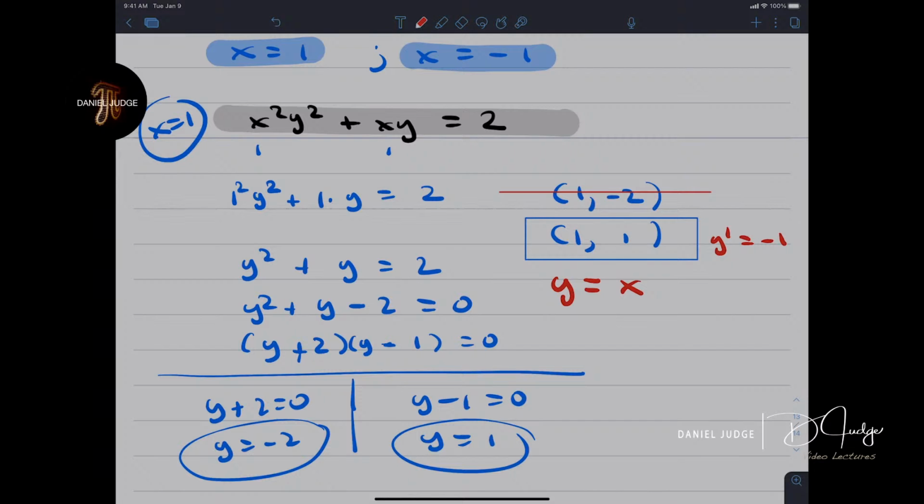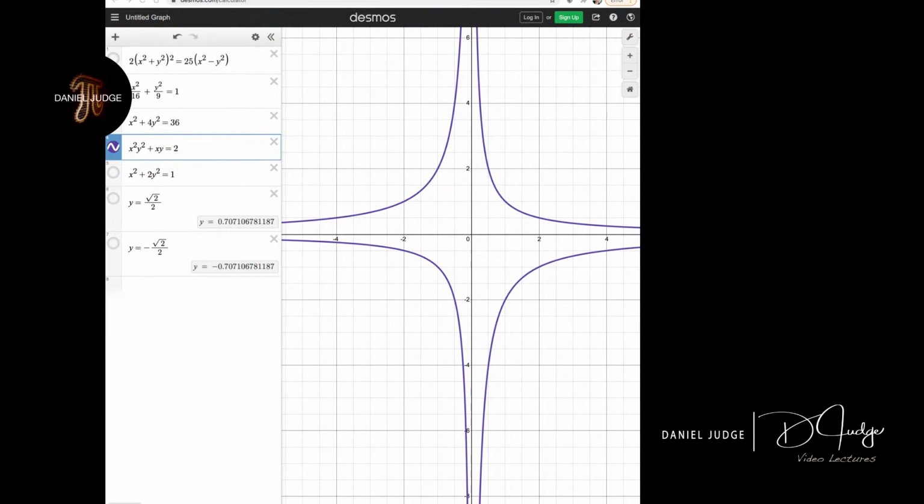And if you go back and look at our relation here, at 1, 1 we'll have a tangent line there that will be -1. This is what they mean by that. It's a negative slope for a tangent line at that location.